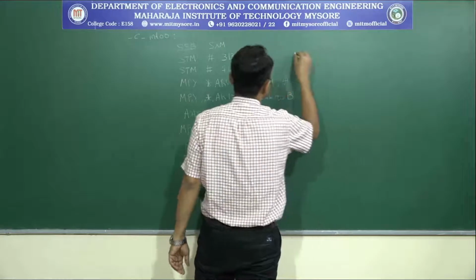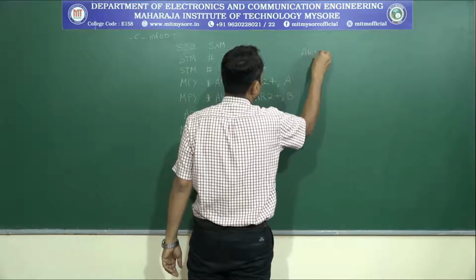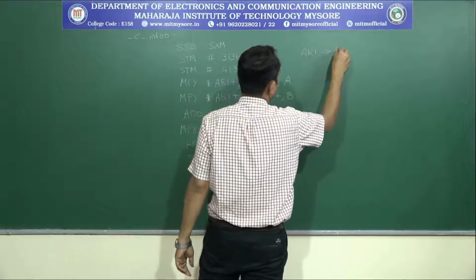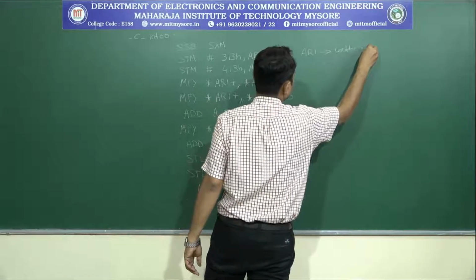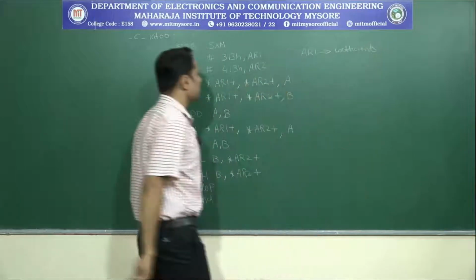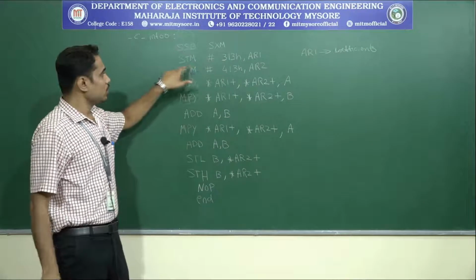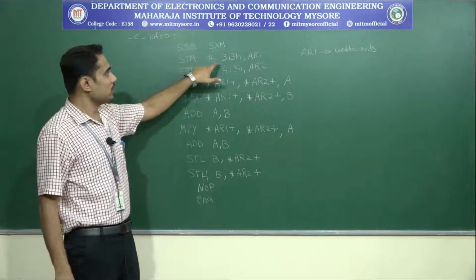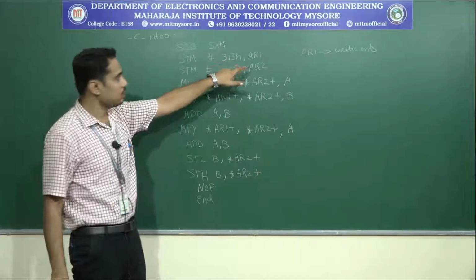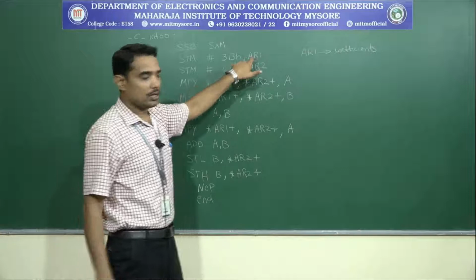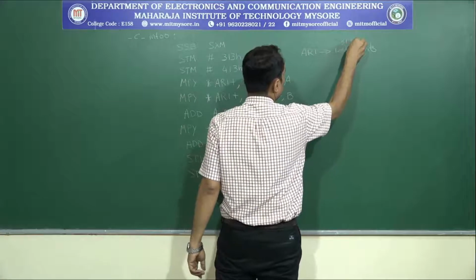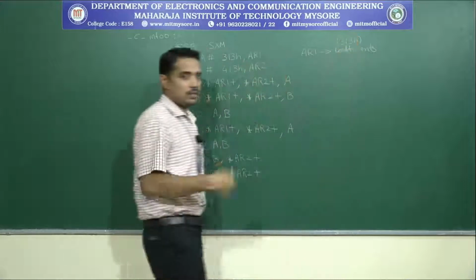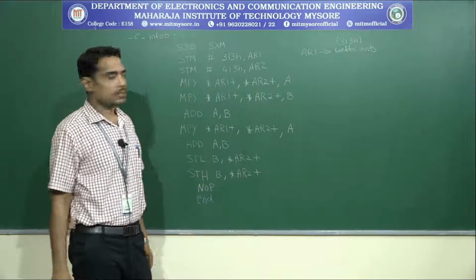You can write: AR1 is pointing to coefficients starting from the address 313H. Store immediate value 313H into auxiliary register AR1. AR1 will have the first address 313H.